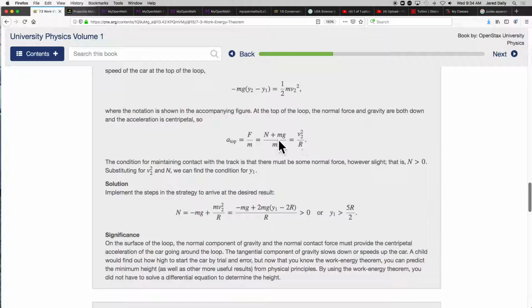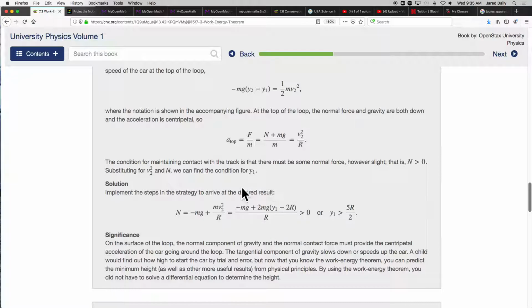So why do we do all this? We do all this because we need to calculate what the normal force has to be in order for this to happen. It turns out if we solve for the normal force in this situation, it has to be equal to mg plus 2mg times (y1 minus 2r) over r. That actually has to be greater than 0 for this to happen.